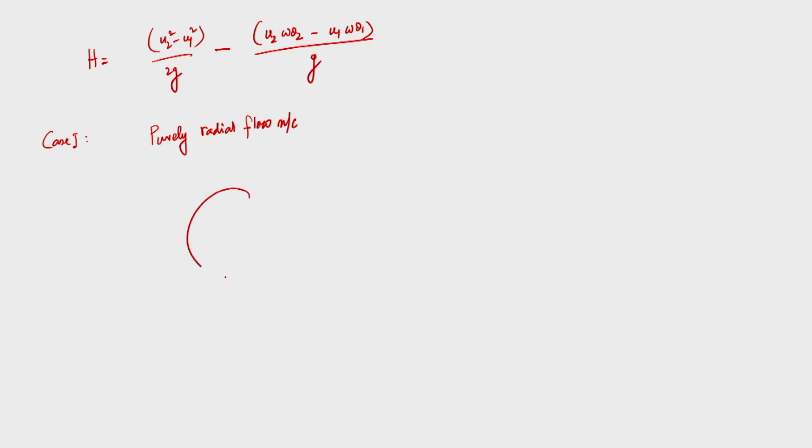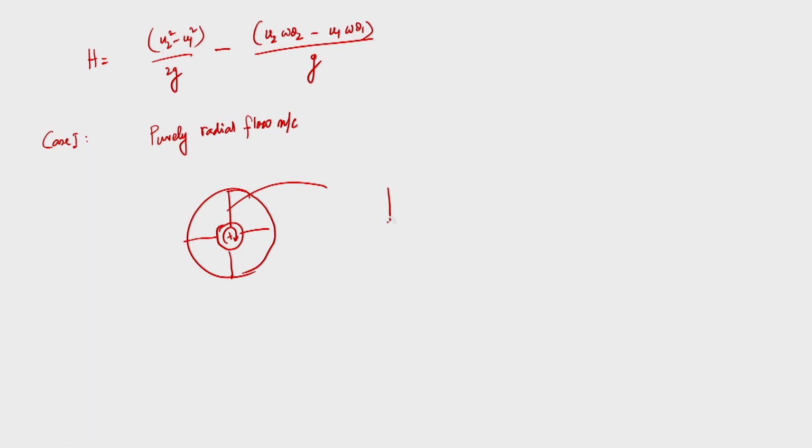If I draw the impeller like this, the blade will be straight. And if I draw the velocity triangles at the inlet and outlet, this is the blade.